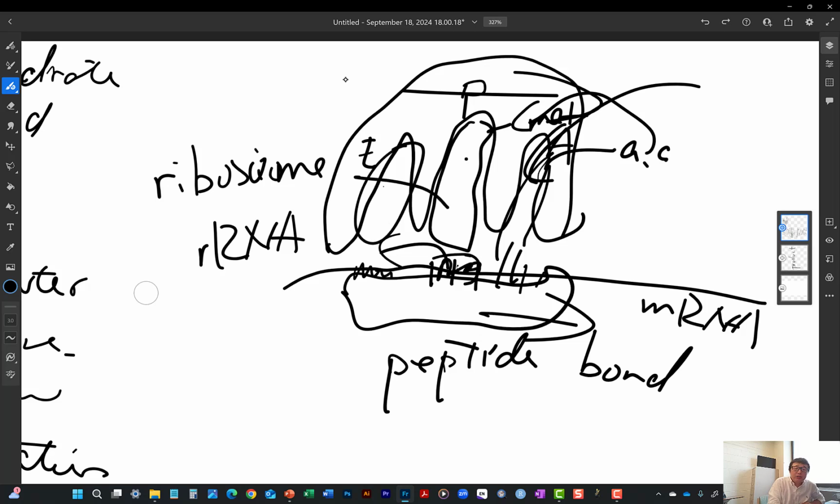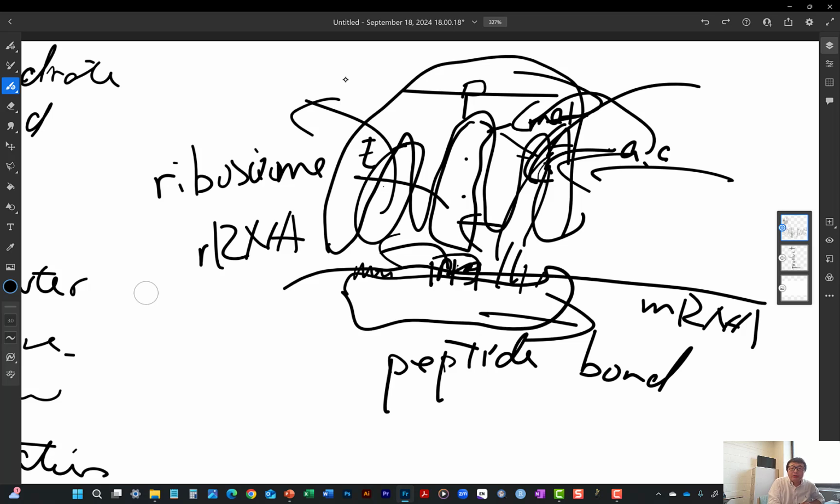Next, from the E position, it will get out, and the previous tRNA in the A position will go to the P position, and then you have the A position being empty. When the A position is empty, a new tRNA will come again to the A position, and the amino acid carried by the new tRNA in the A position will be added to the polypeptide in the P position. Actually, the whole polypeptide now moves to the A position, and they keep moving this way.